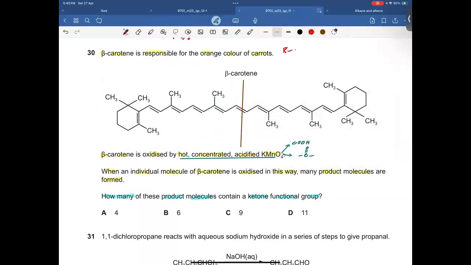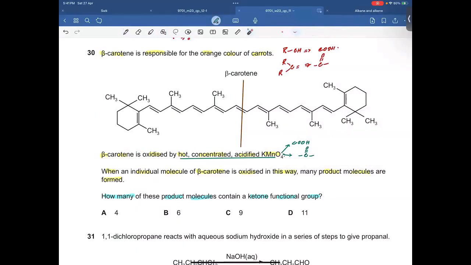When you have a double bonded CH, it's going to be converted into COOH. And if you have just a double bonded C with two alkyl groups, obviously it's going to be converted into a ketone functional group.